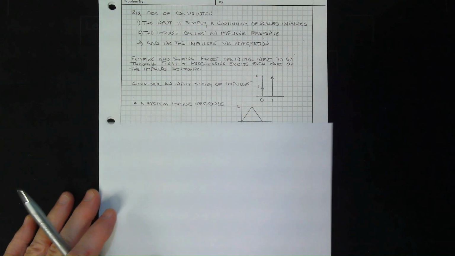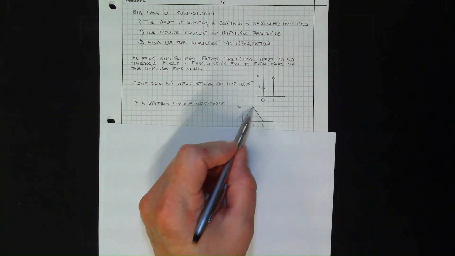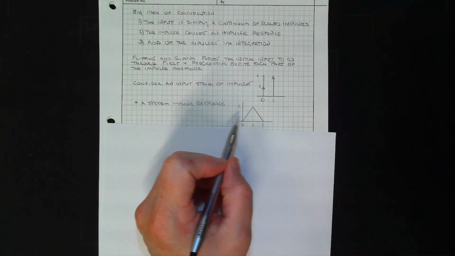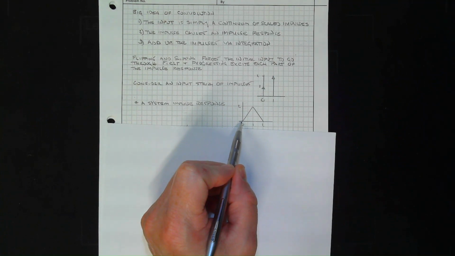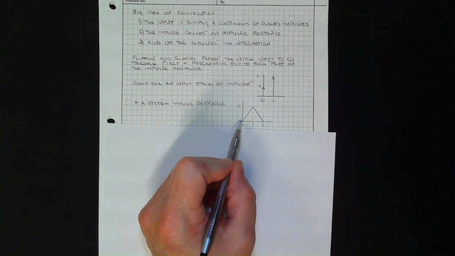Okay, so now we need the system impulse response. I mentioned working for GM. You have to go out, hit the train with a sledgehammer and a bunch of accelerometers and measure the impulse response. Let's say we did that. I did this so I could draw things easily, but we have a sensor, we hit some object, and the sensor records what we get.